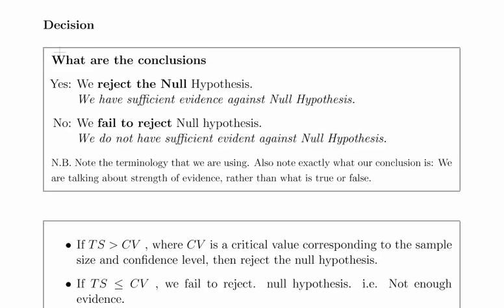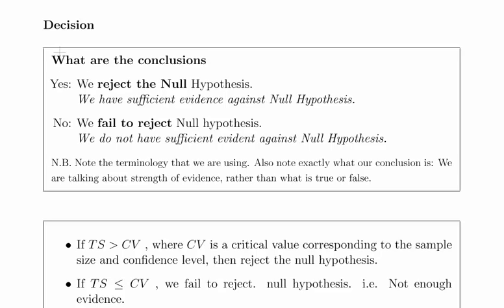Now, our conclusions: we either reject the null hypothesis or we fail to reject the null hypothesis. And these are essentially statements about the strength of evidence we have. They are not really statements about proof. You don't prove anything with a hypothesis test. You just make a statement about the strength of the evidence, so that you might go on and carry out more hypothesis tests.